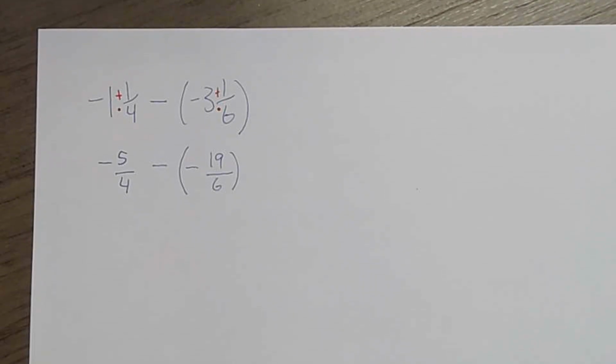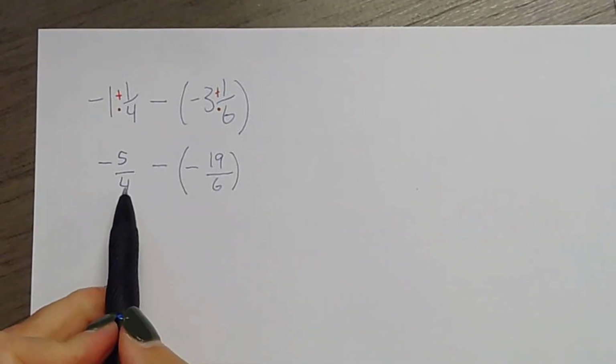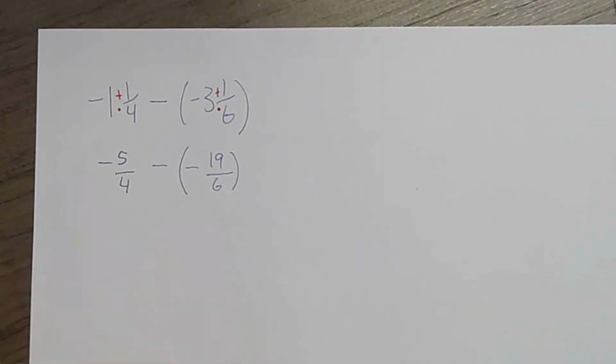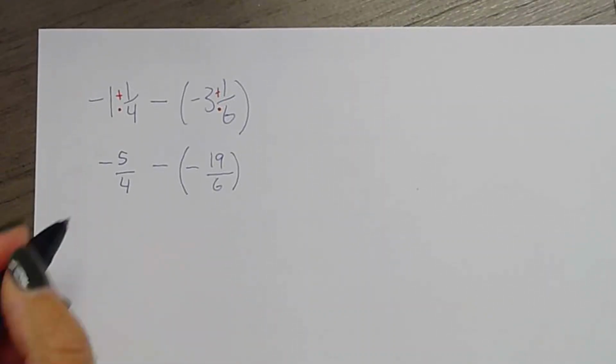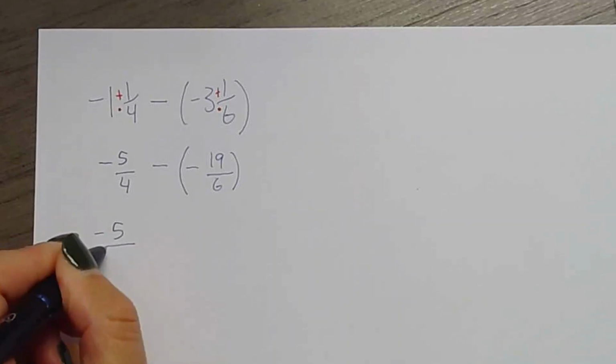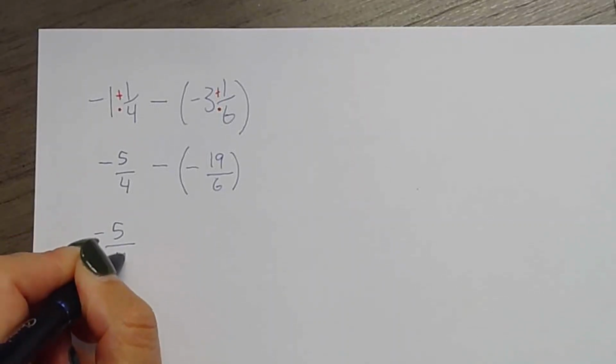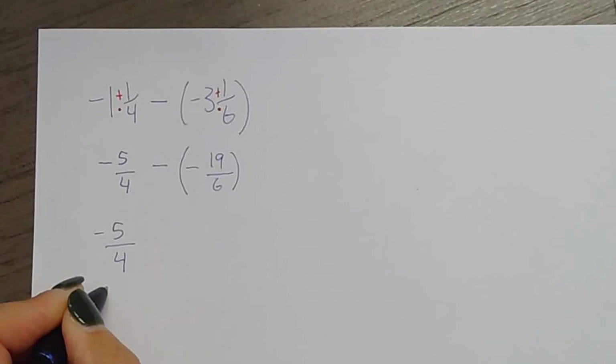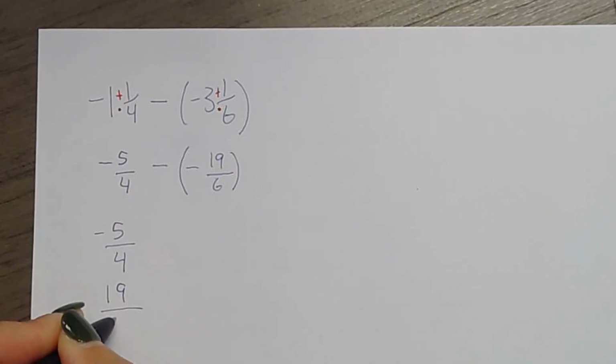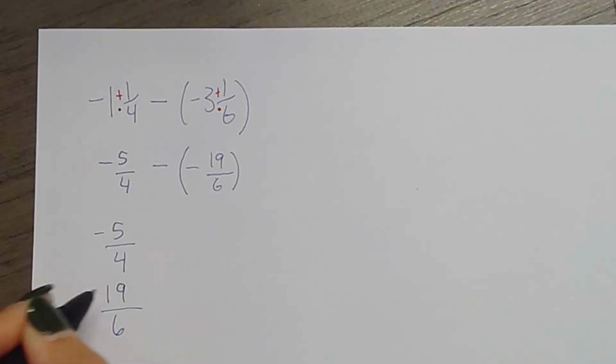Okay, now I have to turn this into common denominators. I cannot just combine them without the denominators being the same. So I'm actually going to rewrite this just because there is so much to do here. Vertically, I think sometimes it's easier to do that.